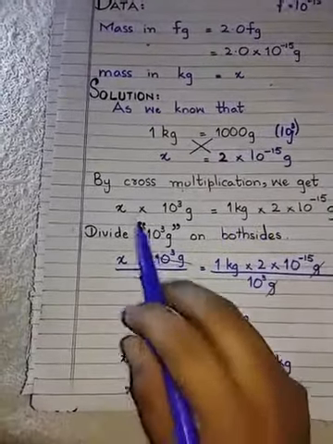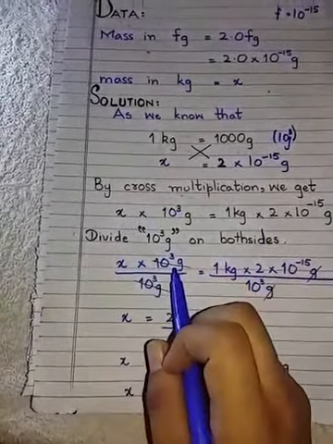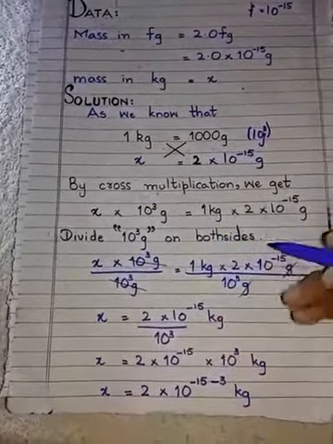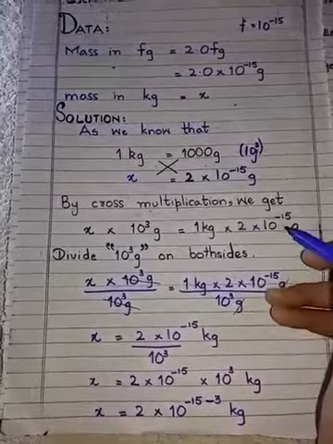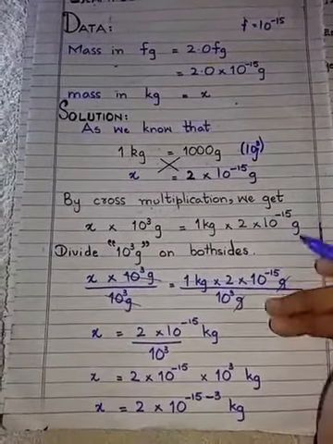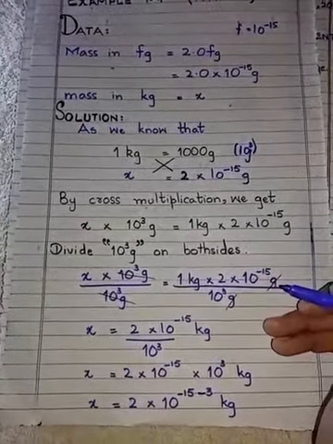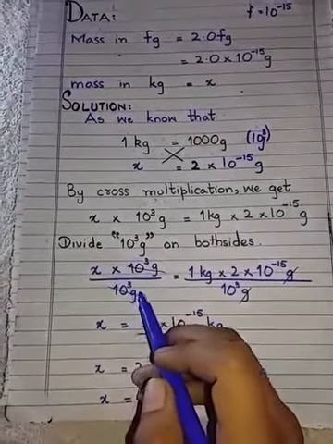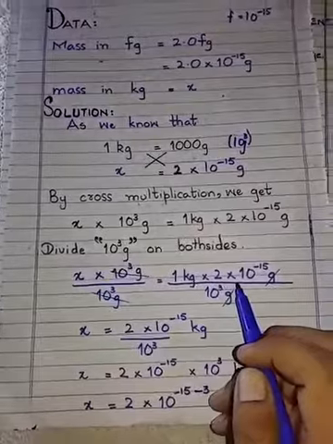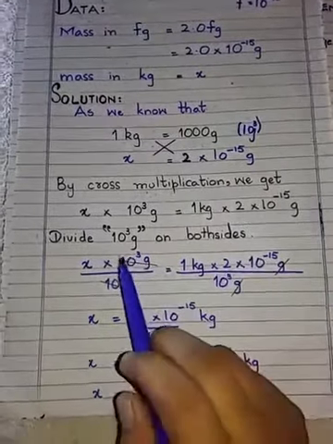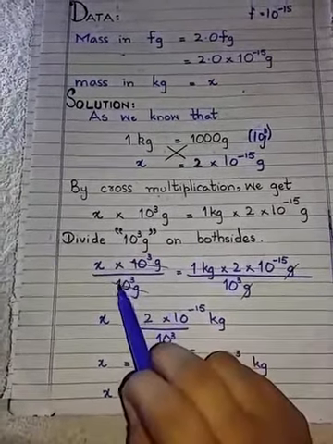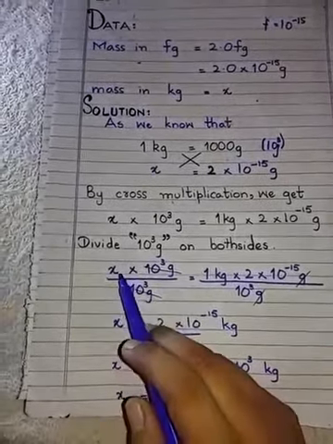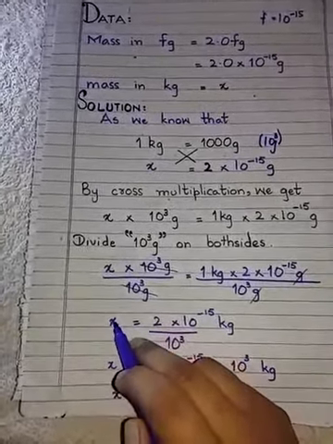So x multiplied by 10 raised to power 3 gram is equal to 1 kg multiplied by 2 into 10 raised to power minus 15 gram, divided by 10 raised to power 3 gram on both sides. The 10 raised to power 3 gram terms cancel, so the remaining quantity is x.